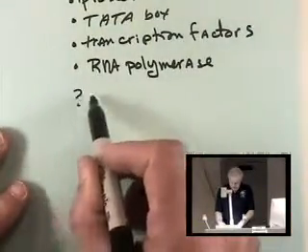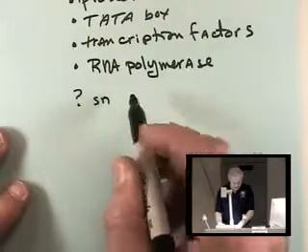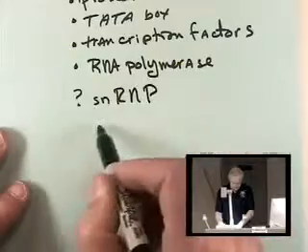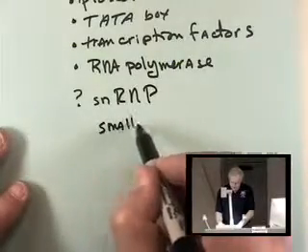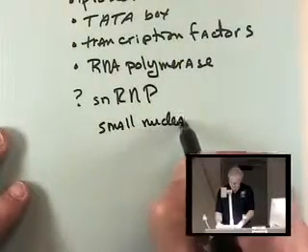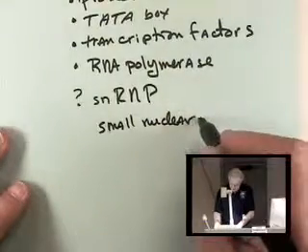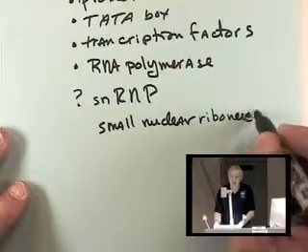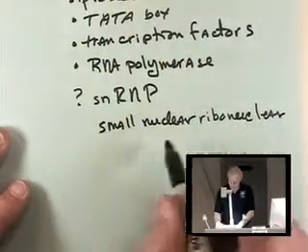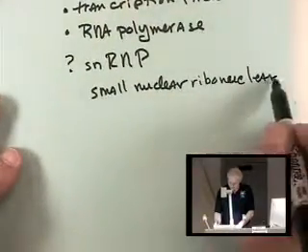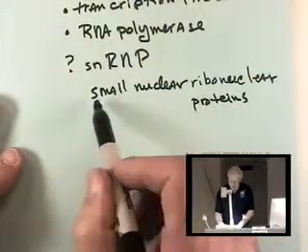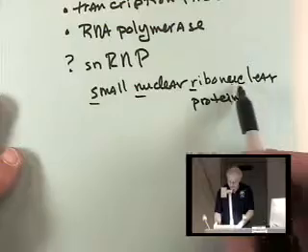What about lowercase n, s, lowercase n, RNP? These are small nuclear ribonuclear proteins. Ribonuclear proteins. And that gives us the snRNPs.